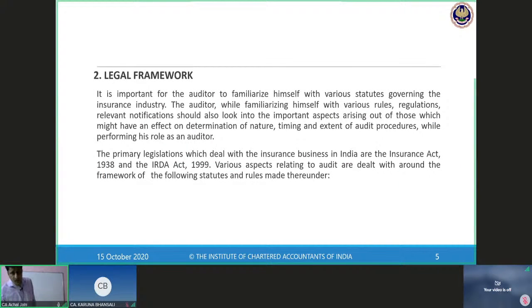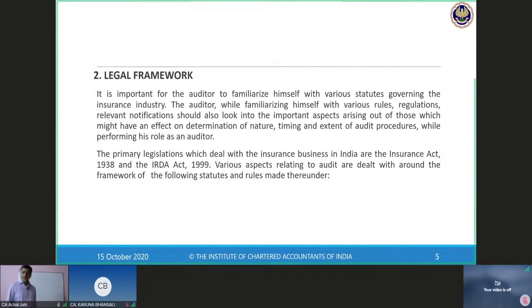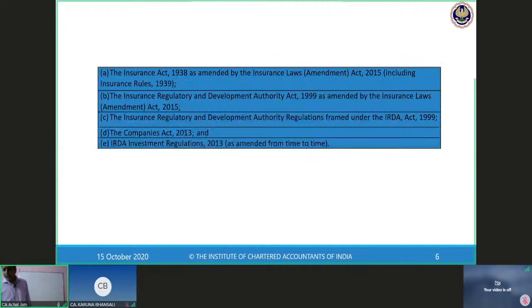So let's see some of the regulations which may be considered applicable to some of these insurance companies. One is the Insurance Act, which is amended by the Insurance Laws Amendment Act. Second is the Insurance Regulatory and Development Authority Act, as amended by the Insurance Laws Amendment Act.